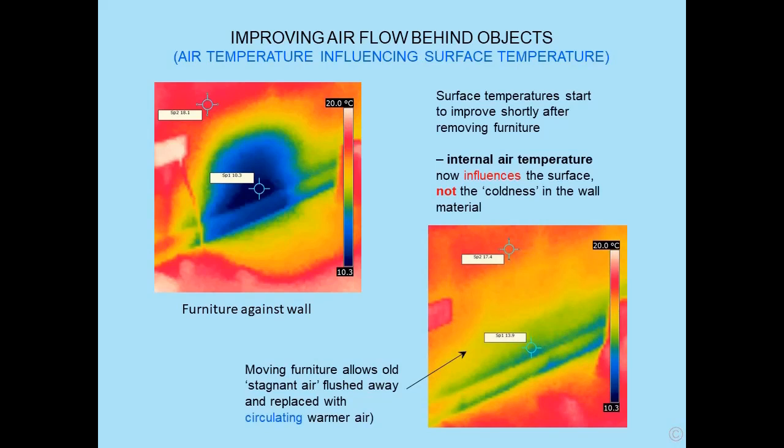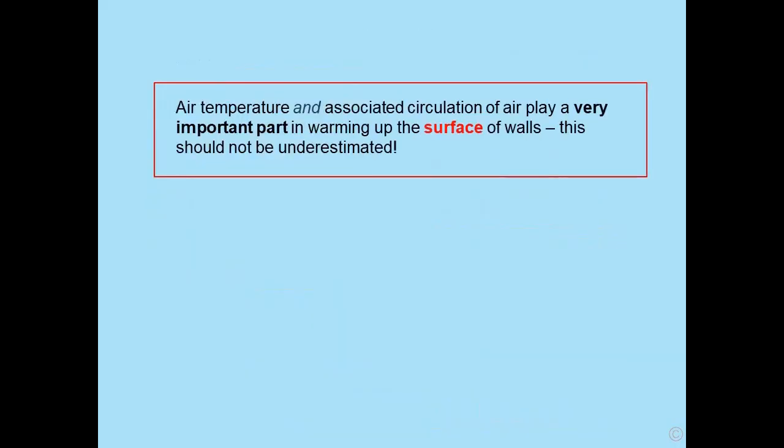However, take these away and the internal air temperature now influences the surface and not the coldness in the wall. So moving the furniture allows the old stagnant air to be flushed away and replaced with circulating warmer air. Thus, the risk of condensation and mold growth will decline.